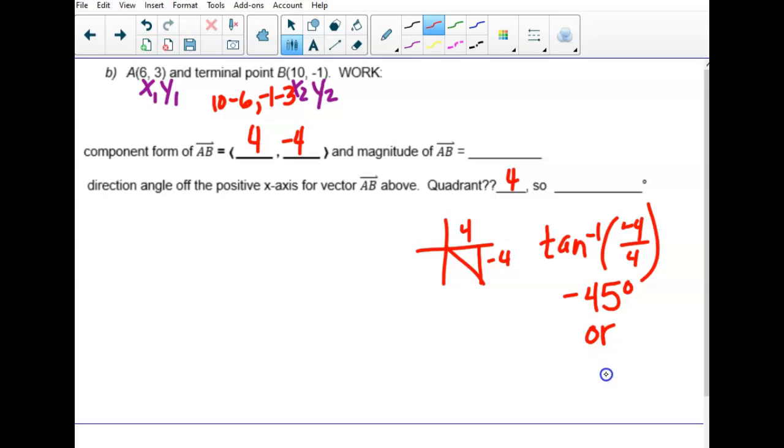I'm not moving it, but another name for it, because in polars you have to have a positive name. You don't here, but what would you do? Add 360. Is that 315, guys? Okay. Either one is okay. Because it doesn't say that it has to be a positive angle, so -45 is fine. As long as it's coming off the x-axis the proper degrees, doesn't matter which way you're going.